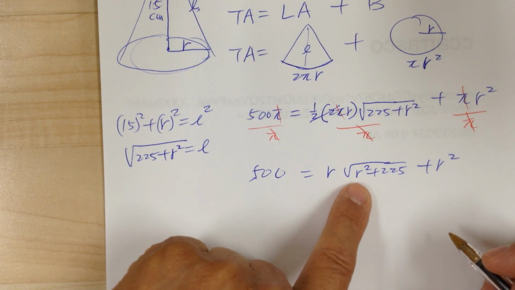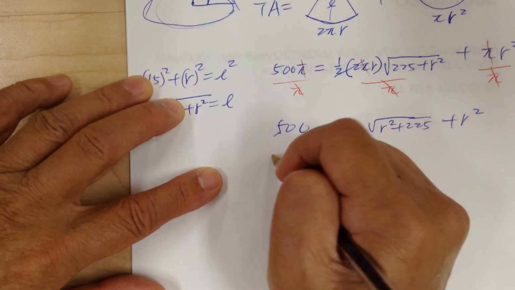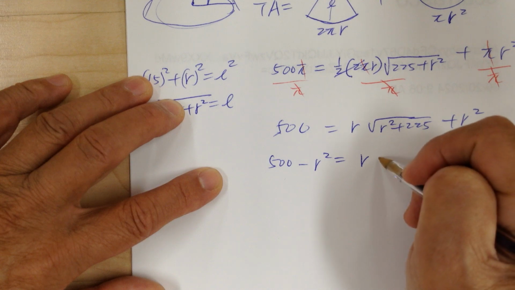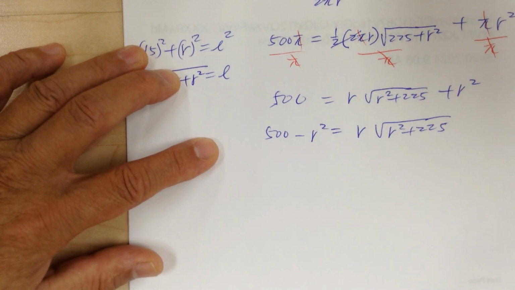We have to find a way to get rid of this square root, so let's move this over. So you get 500 minus r squared equals r times the square root of r squared plus 225.